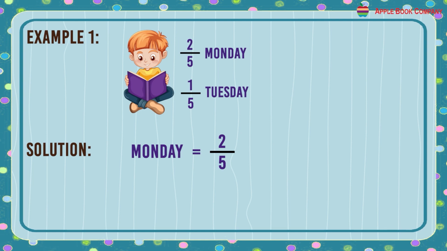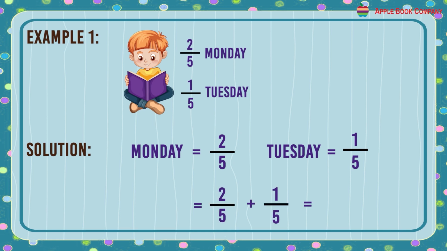Fraction of the book read on Tuesday is equal to 1 by 5. Fraction of the book read in all is equal to 2 by 5 plus 1 by 5 is equal to 3 by 5. Thus, Stephen read 3 by 5 of the book in all.